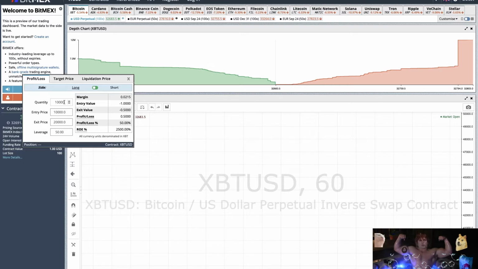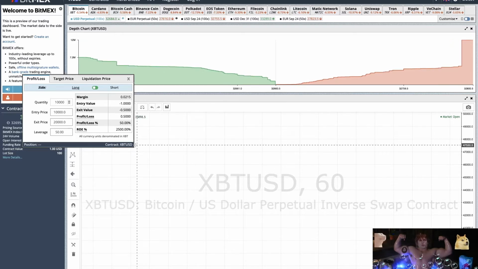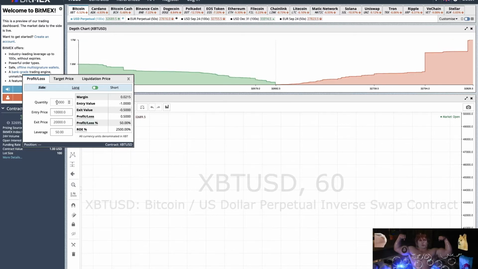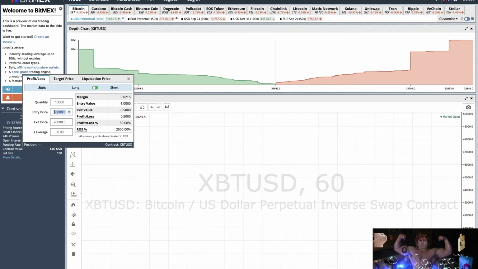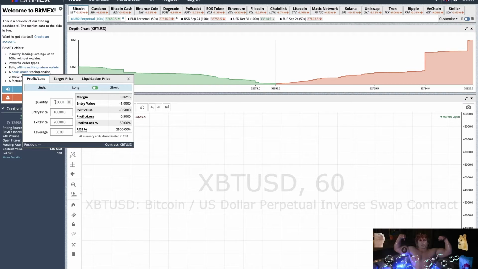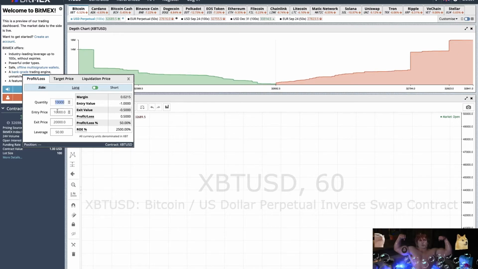Imagine you buy $10,000 worth of Bitcoin at $10,000. These are inverse futures, okay? Your entry price is $10,000. Your quantity is $10,000. You effectively bought one Bitcoin worth.